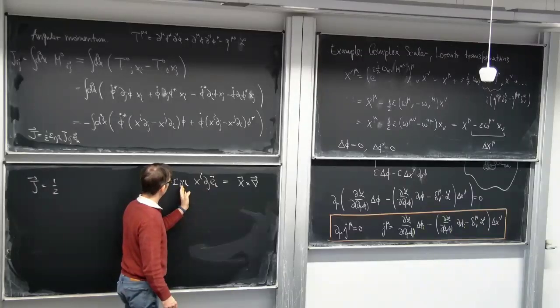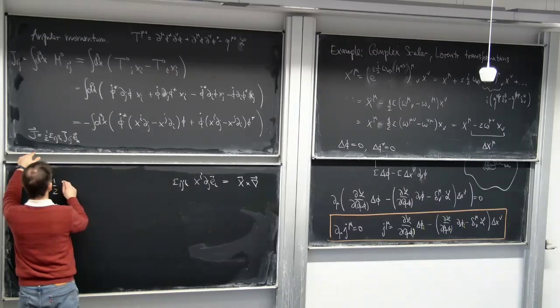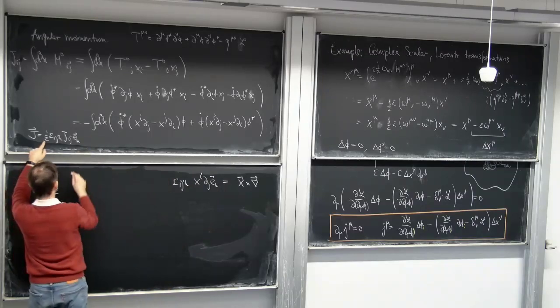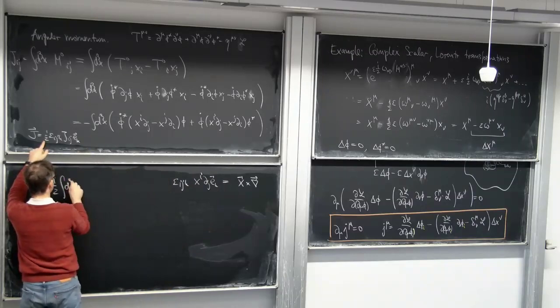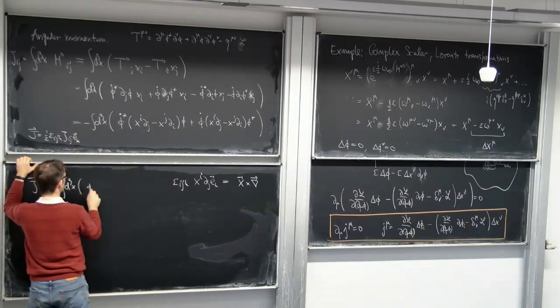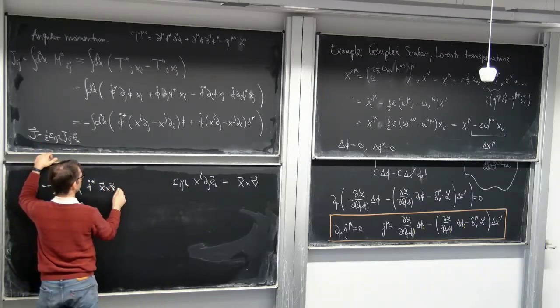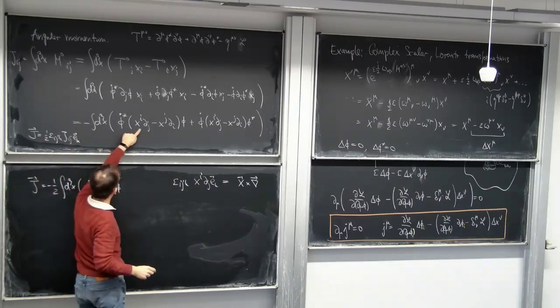And therefore I have minus 1/2 integral d^3x of phi dot star x vector cross nabla on phi, that's this term.